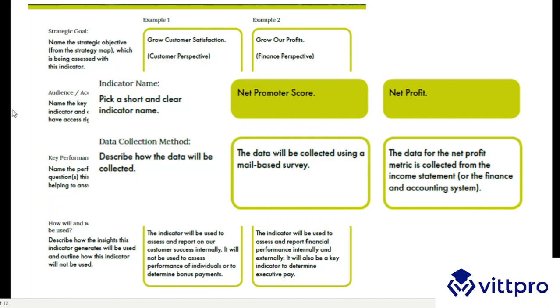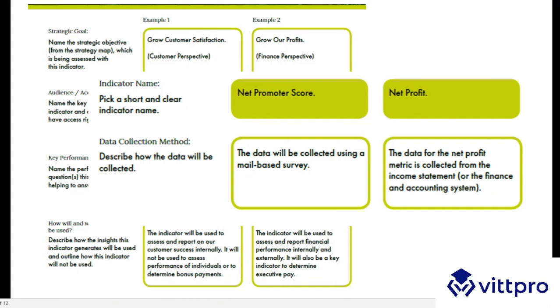Then you will define how you are going to collect the data. So the data is collected using a mail based survey. Now you can have a different way of collecting the data. You can say here that I will not be doing a mail based survey. We will be doing an online survey, or I will be using the TripAdvisor data, or I will be asking the customer when they are leaving my store after the purchase, asking for feedback at the point of exit.